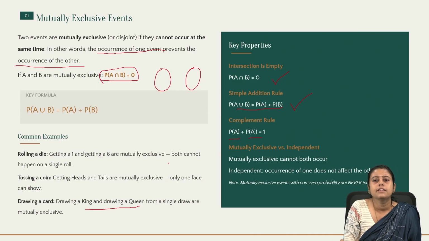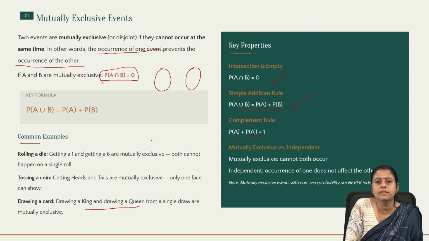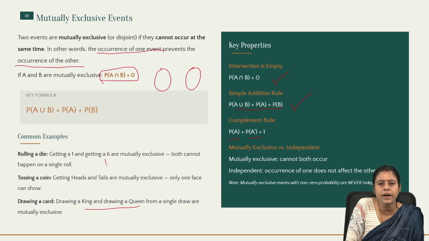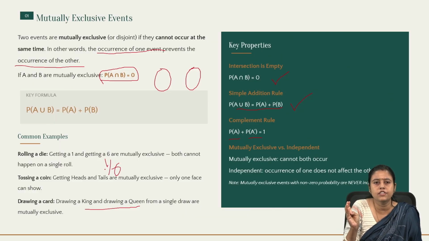One example: when I roll a die, what is the probability of getting 1? It is 1 by 6. Which cases are not happening? Getting 2, 3, 4, 5 and 6. So P of A complement is equal to 5 by 6, and 1 by 6 plus 5 by 6 equals always 1.